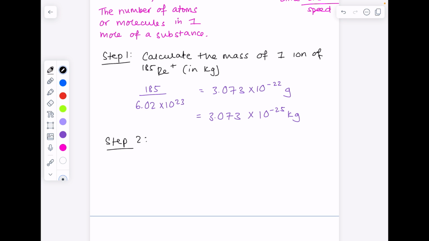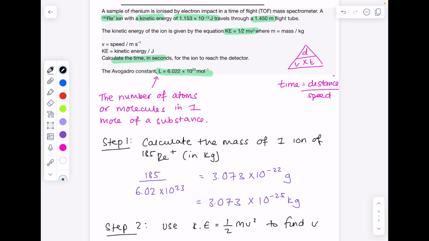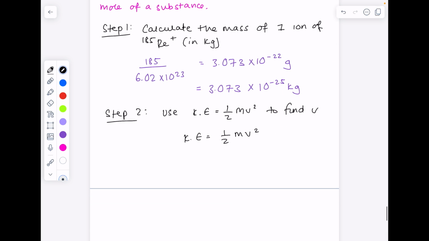Step 2, use KE equals half mv squared to find that speed value. So the kinetic energy we were told was 1.153 times 10 to the minus 13. The mass we've just found times v squared.